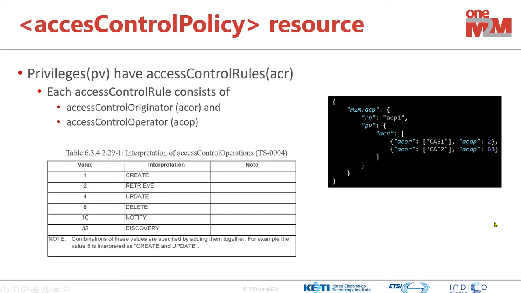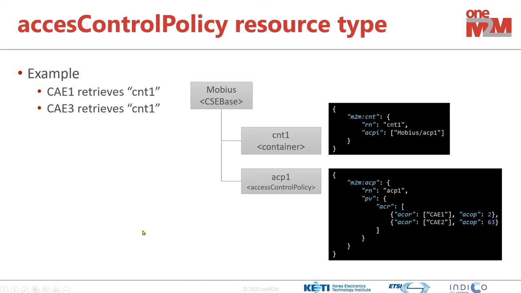So what is 63? If you sum up everything, that is 63, meaning you can do create, retrieve, update, delete, notify, discovery. So in case of CAE1's retrieve on CNT1, it is allowed by this rule.